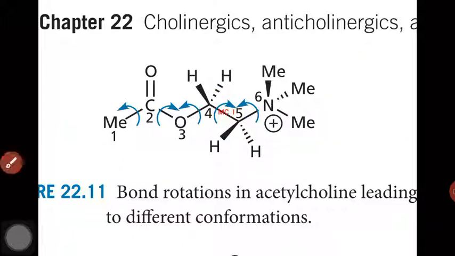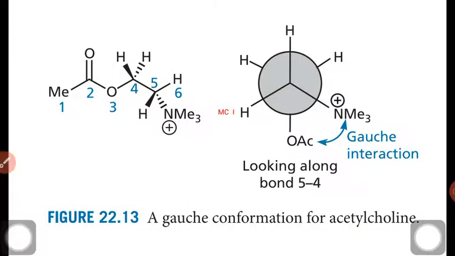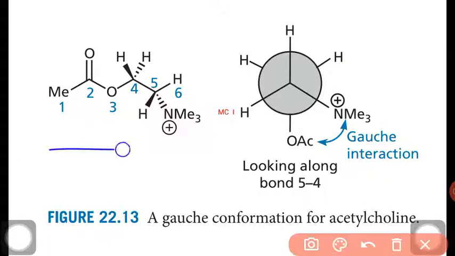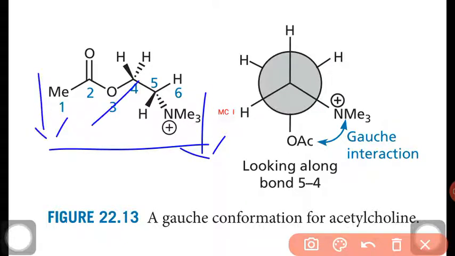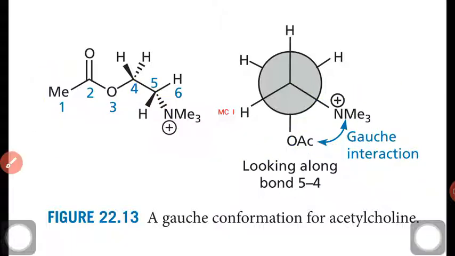Okay. So, now let us see how it looks in the different Newman projection. So, according to this conformation, NMe3 is below, OAC is below.